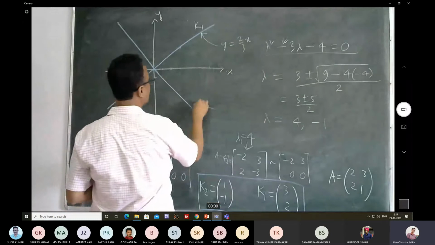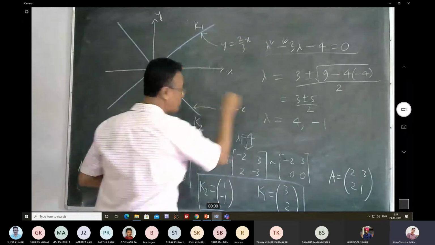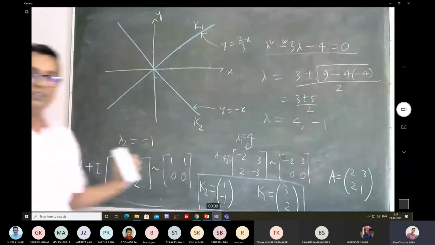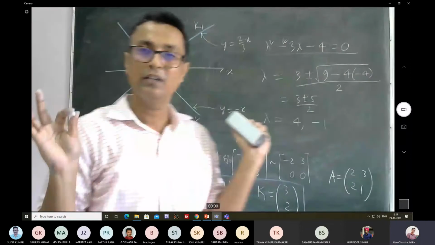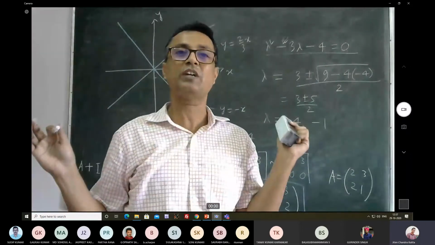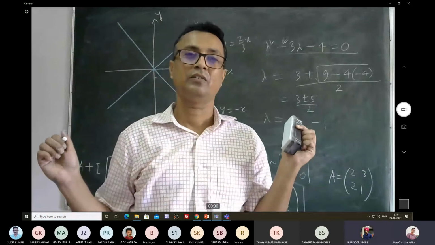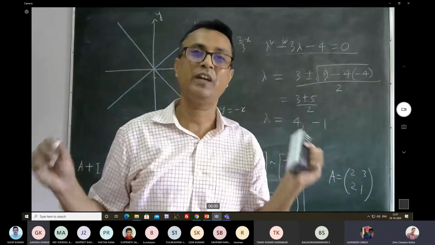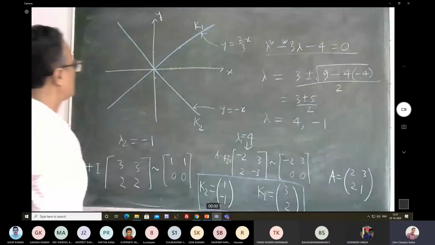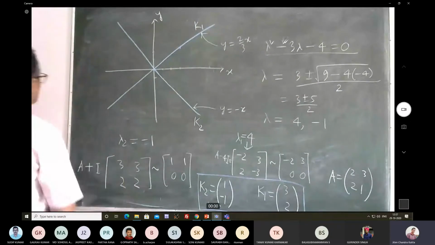And this line is y equal to minus x. So far it is good, right? At least K1, K2, how to draw them, I know. Fine? Yes, sir.